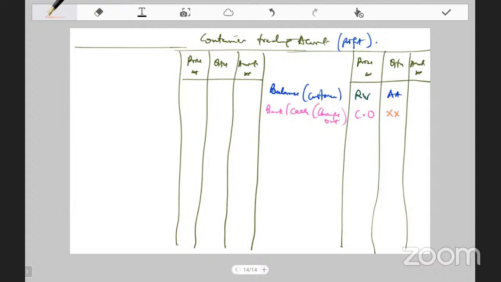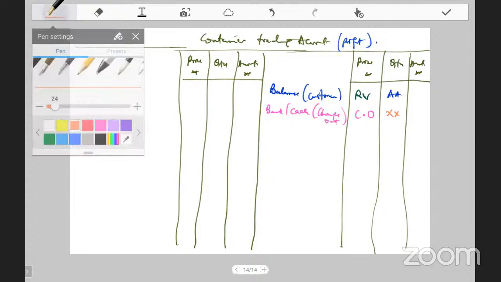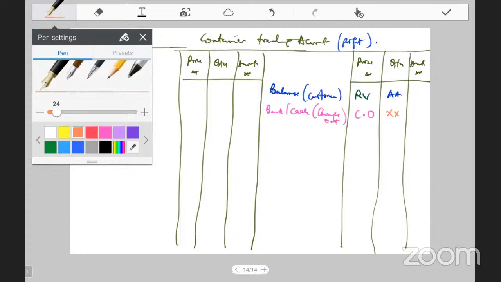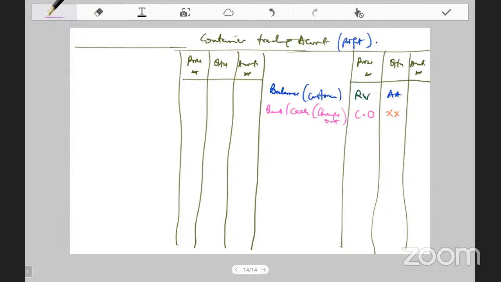Now, let's start going to the fundamentals. The first thing that will happen is that some of the customers will start returning goods. They start returning the container. When a container is returned, what happened in your container trading account will be the opposite. So what we now talk about is what we call container returned.